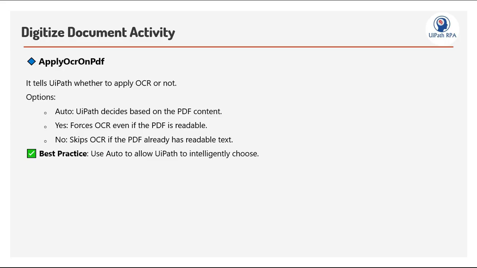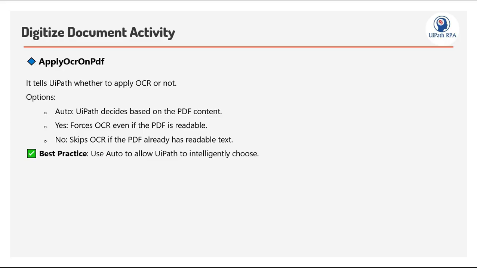If you set the option Yes, it forces OCR even if the PDF is readable. If it is a native readable document, it will still read using the OCR engine. If you set it to No, it will skip OCR if the PDF already has readable text. Even if it is not in a readable format, if it is a scanned PDF, it will not apply OCR because you set it to No.